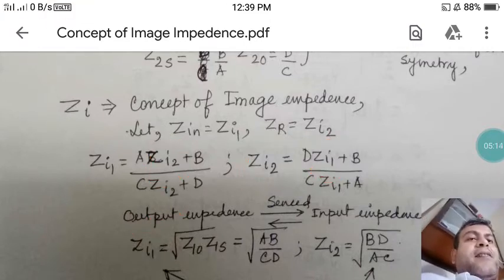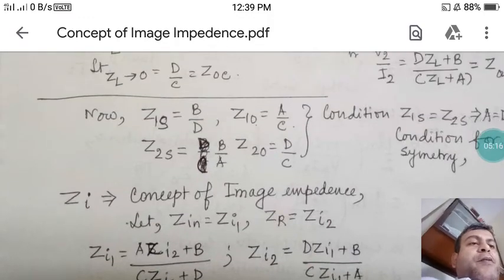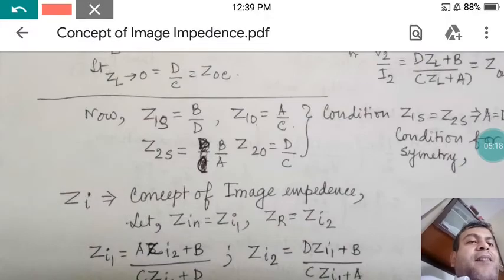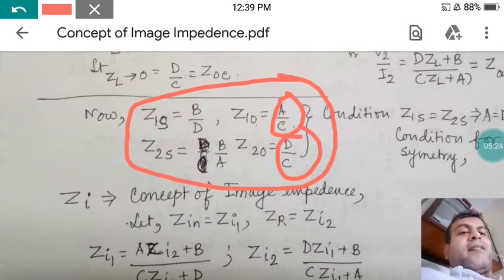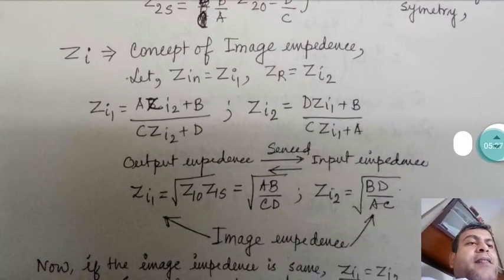As you can see, in the previous equation I have already shown you Z2S and Z1S, and this term and the ABCD terms can be replaced in the new calculation right here.